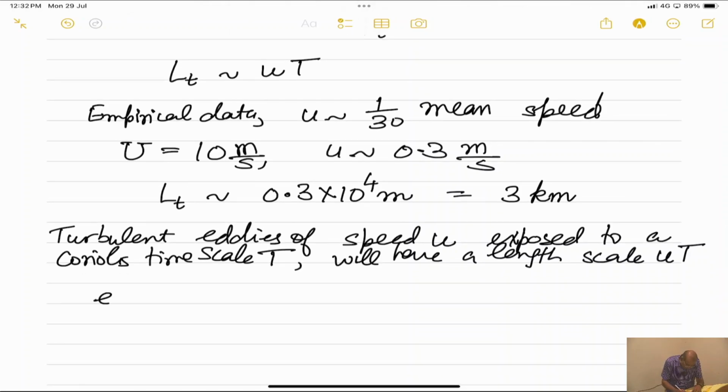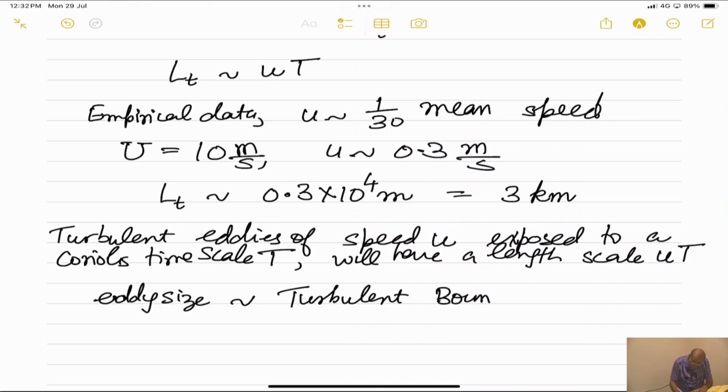And this eddy size which we get, this small l, is the size of the eddy. This is of the order of the turbulent boundary layer thickness.